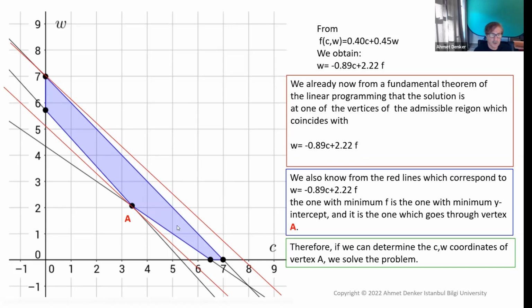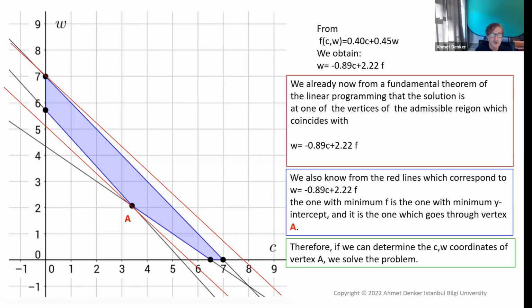And if you look at these red lines, the line which goes through the A is the one with the minimum y-intercept. So if we determine the coordinates of the A point here, that means we are going to find the solution, which is in terms of x and y, which is going to minimize this function this time.